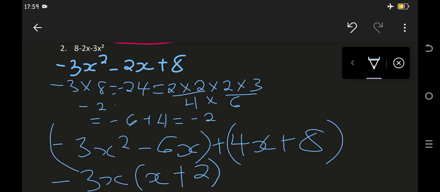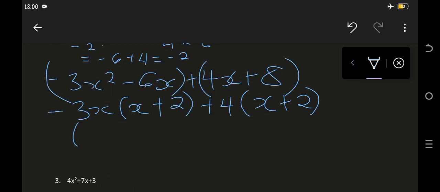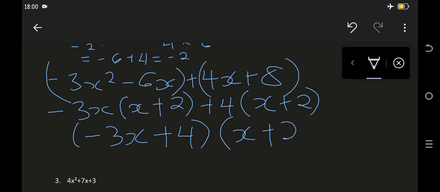Then we'll have here plus 4 into x plus 2. Therefore, our answer is going to be negative 3x plus 4 and x plus 2. So this is our answer for the second expression.